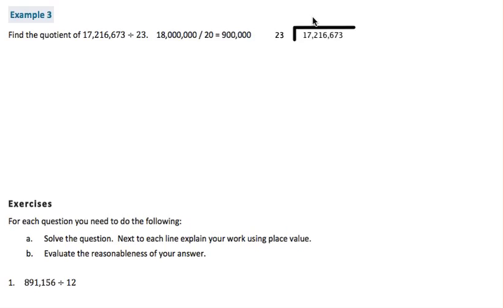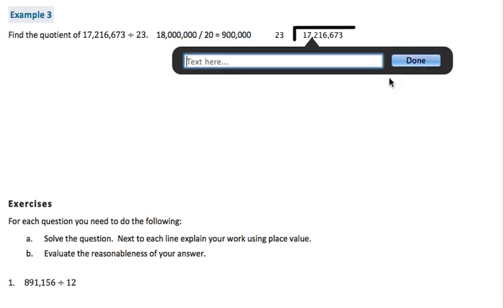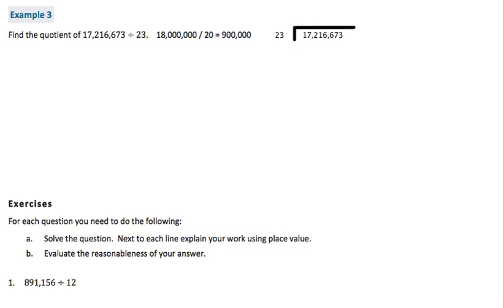But I really feel like that's going to be too many. So I'm going to try 7. 7 times 3 is 21. Regroup the 2. 7 times 2 is 14. Plus 2 is 16.